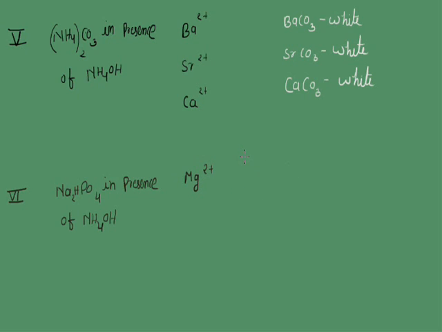It forms magnesium ammonium phosphate. Its color is white. So these are the different precipitates and their composition, group radicals, and in the next section we will discuss in detail one by one.